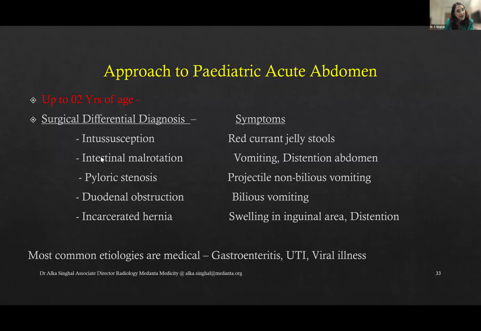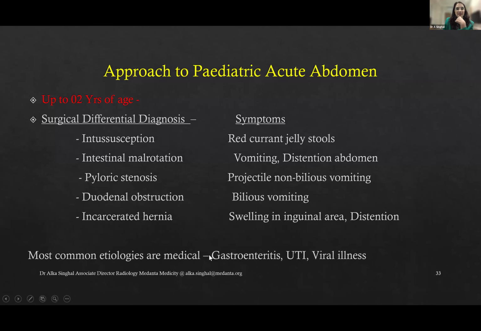Of course, all these have their specific clinical symptomatology, so it's very important to look at those. Intussusception: classic recurrent jelly stools. Malrotation: vomiting, distension. Pyloric stenosis: projectile non-bilious vomiting. Duodenal obstruction: bilious vomiting. Incarcerated hernia: swelling in the inguinal area and distension.